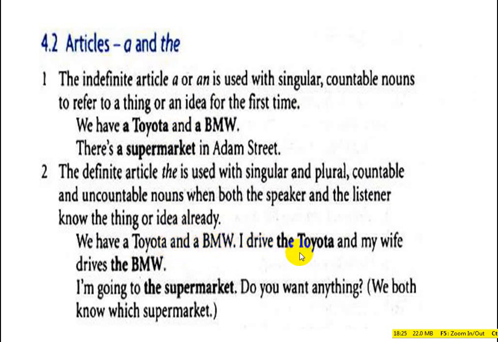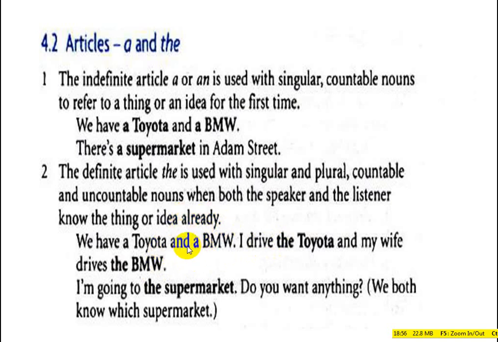But I drive the Toyota and my wife drives the BMW. بالجملة الأولى احنا بينا الفكرة للمرة الأولى. لكن بالجملة الثانية بما انه احنا انطينا الفكرة هنا استخدمنا the Toyota لانه we know the idea already مثل ما ذكرنا هنا.